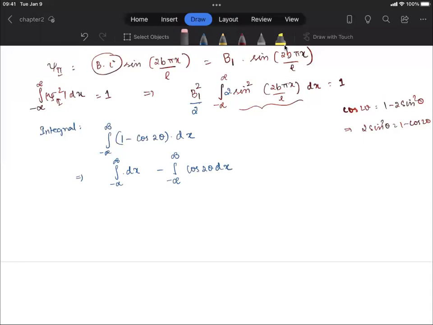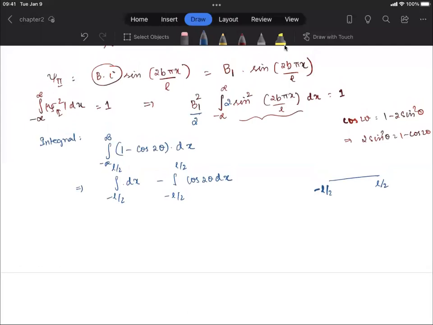Now, we know that the integration limits in this case are not strictly from negative infinity to infinity. That's because the box goes from negative L by 2 to L over 2, right? So these limits need to be changed. So I'm going to set the right limits, negative L over 2 to L over 2, right?